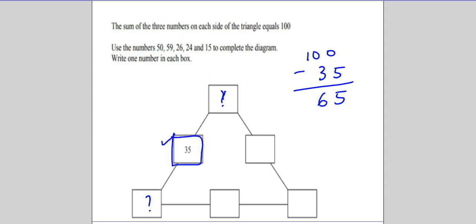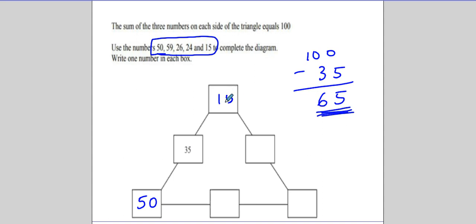So the two numbers we put here and here should give a total of 65. Which two numbers give you a total of 65? Okay, 50 should be here, and 15 should be here, because these are the only numbers which will give you a total of 65.